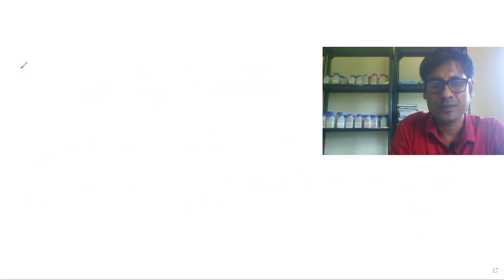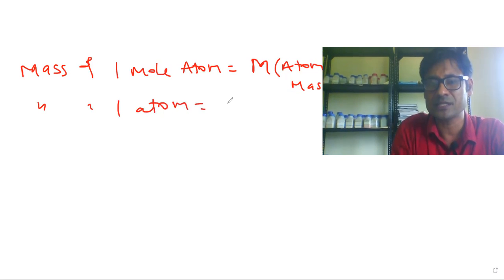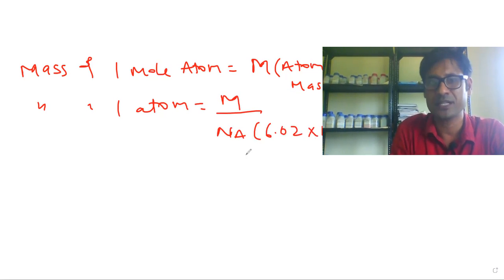Then we know that mass of 1 mole of atoms is equal to its atomic mass, M. M is here atomic mass. Then what is the mass of 1 atom? 1 atom means atomic mass divided by Avogadro number, and that is 6.02 into 10 to the power 23.